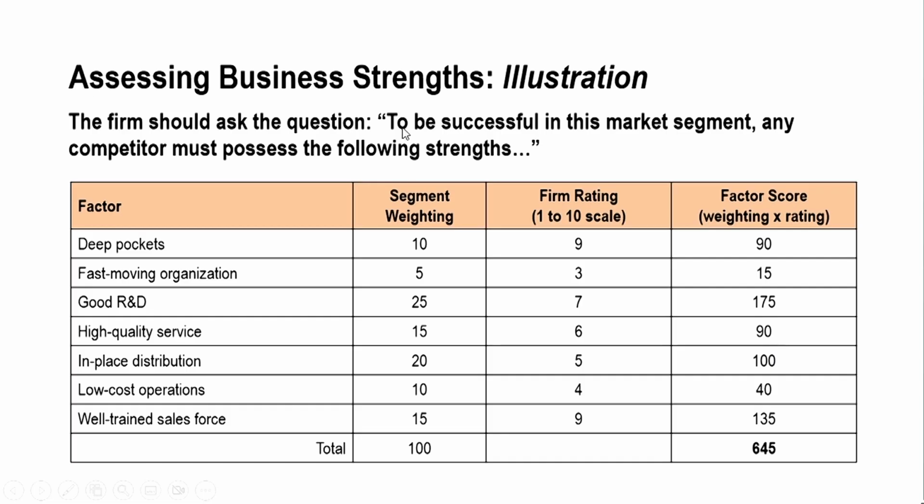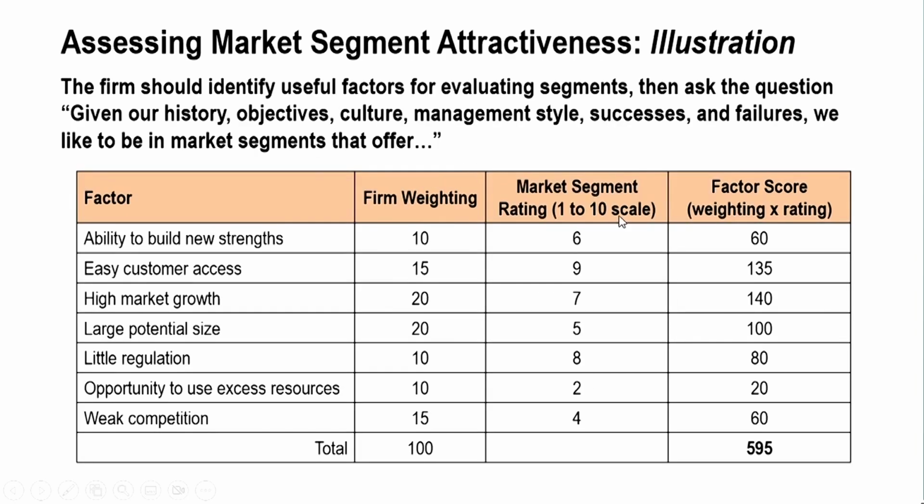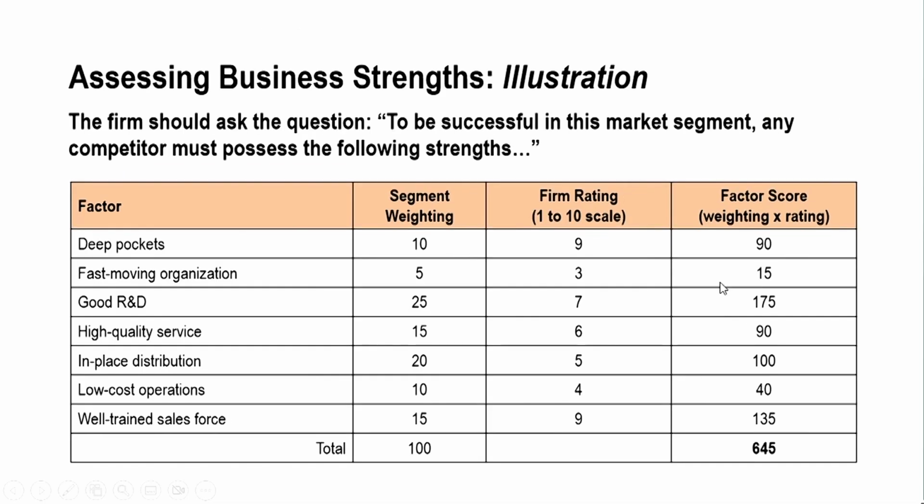With the statement that to be successful in this market segment, any competitor must possess the following strengths, we have identified this segment as a priority segment, and then we are saying that to be successful in that segment, a company must have deep pockets, the company must be nimble, agile and fast moving, the company must have good R&D, high quality service and distribution strength in that particular segment, low cost of operation, and a well trained sales force.